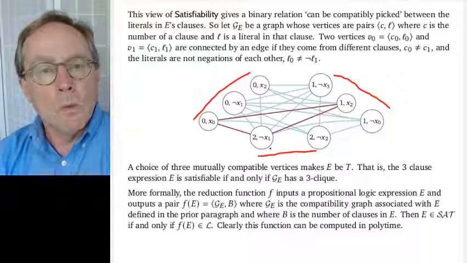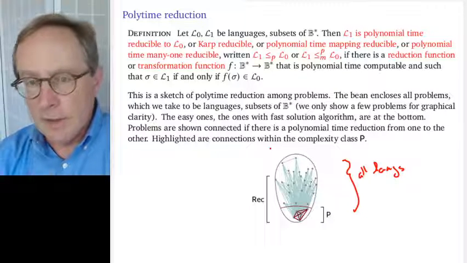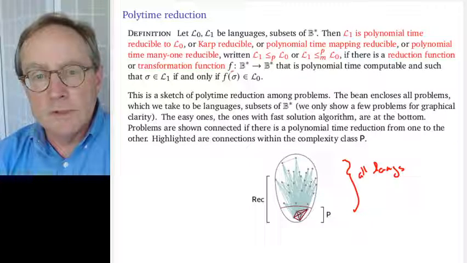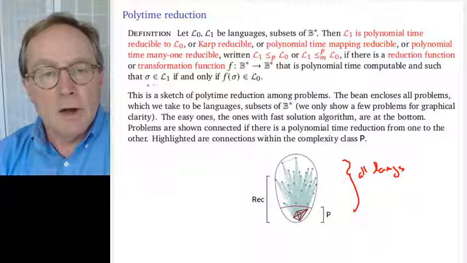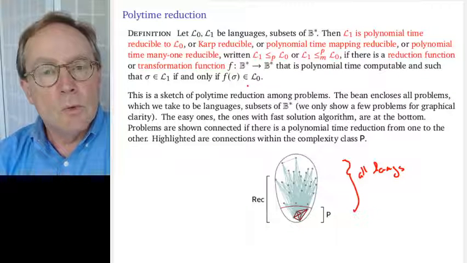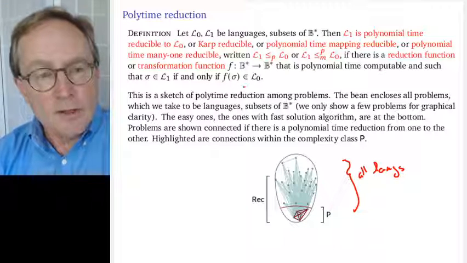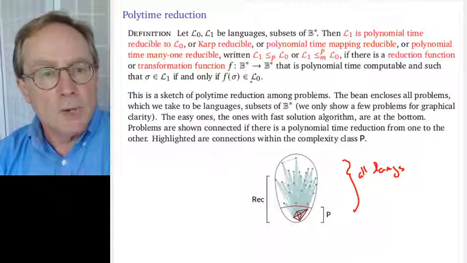Okay, so what I'm trying to characterize is that when you go back to this definition, one way to think of the function is that it translates problems from the language of L1 into the language of L0. So we can see one problem as a kind of, maybe a special case of, but anyway, a kind of other problem.